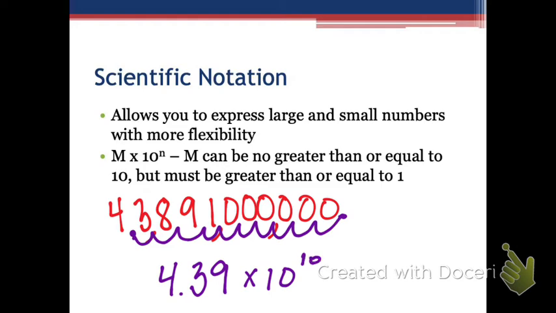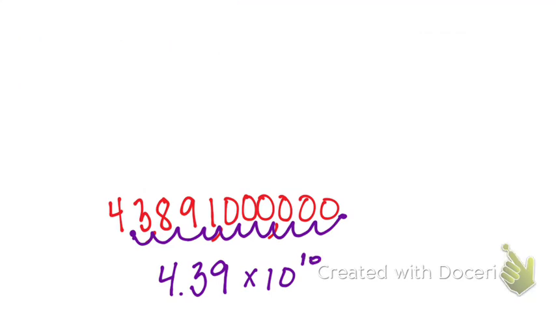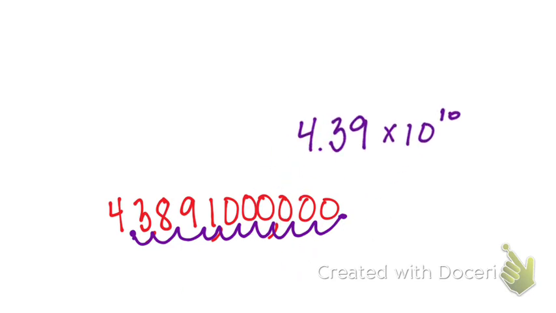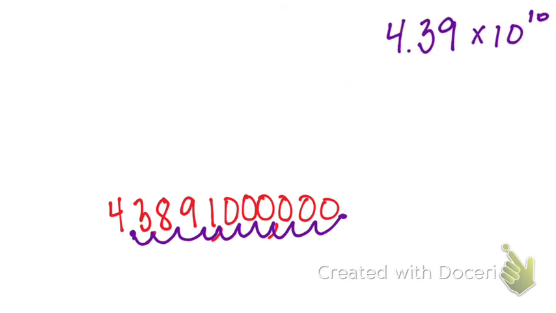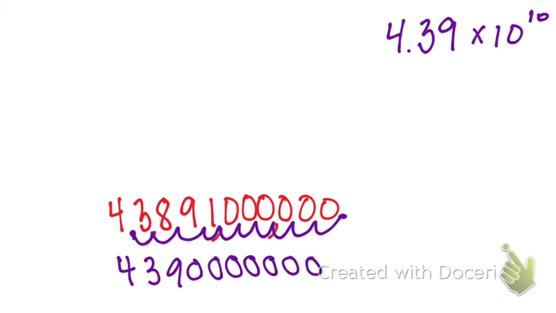I want you to see what this number means. 4.39 times 10 to the 10th is really this number. If I expand that out, it's 439000000. That's what it looks like.